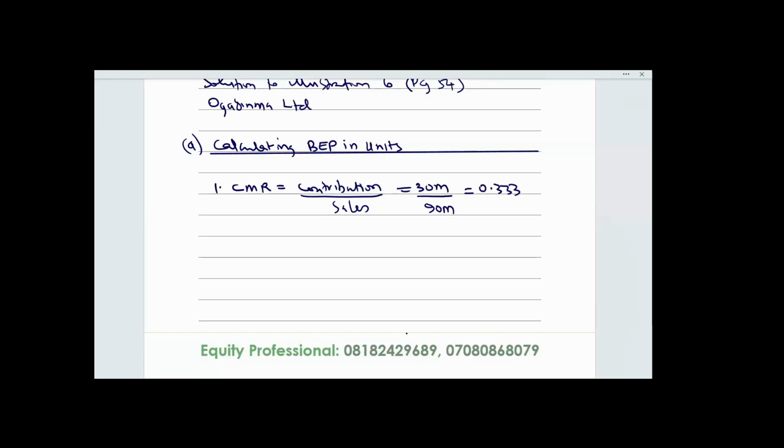When you divide 30 by 90, you are going to have 0.33333 in 9 places. So you have to write out everything, because if you do 0.33, you cannot get the right answer.